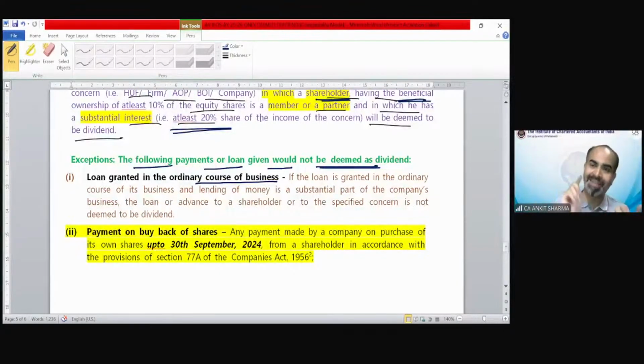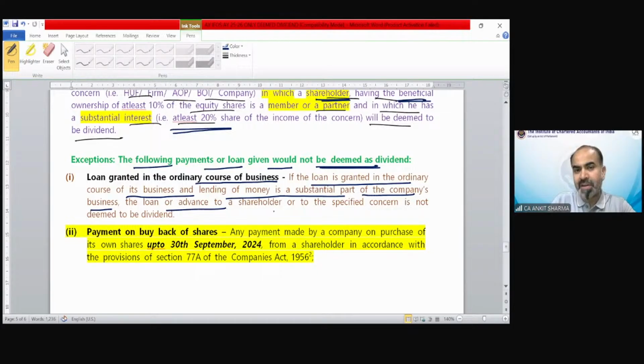That we are charging interest at market rate from him, we are following all the provisions as we generally follow to provide loans. So in that case, it would not be treated as deemed dividend. If the loan is granted in the ordinary course of its business and lending of money is a substantial part of the company's business, the loan or advance to a shareholder or the specified concern is not deemed to be dividend. So that is the exception we are reading.